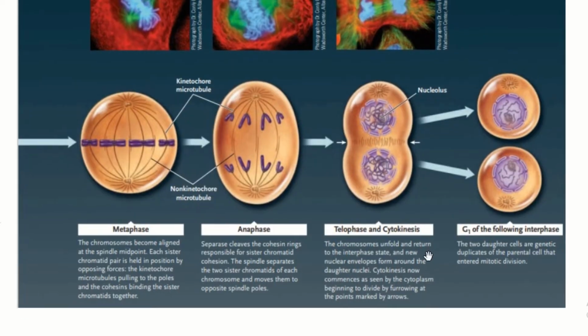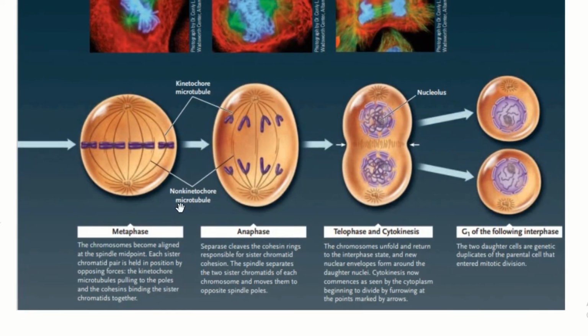Next phase is metaphase, where chromatids line up at the equator. Chromosomes become aligned at the spindle midpoint. Each sister chromatid pair is held in position by opposite forces: the kinetochore microtubules pulling to the poles against the cohesin binding the sister chromatids together. Next is anaphase.